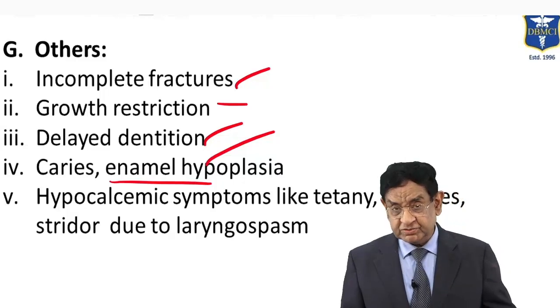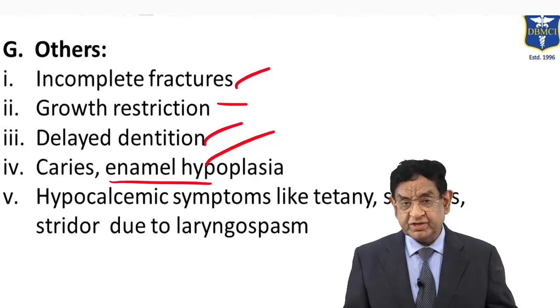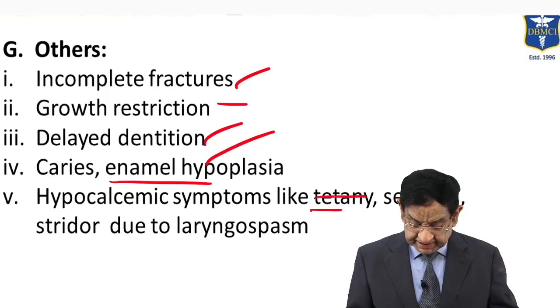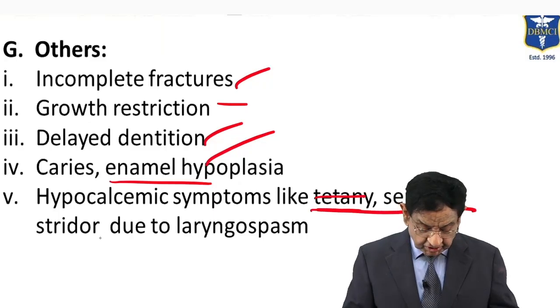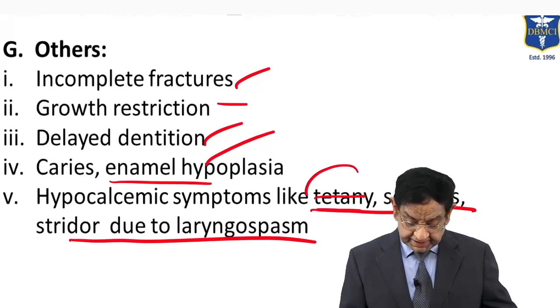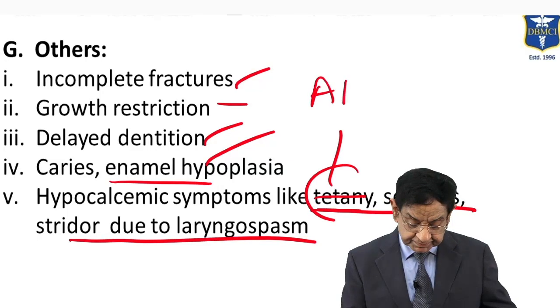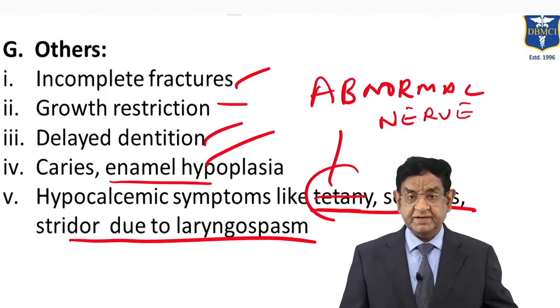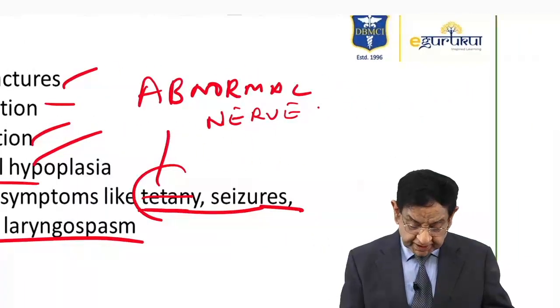In addition to that, there can be features of hypocalcemia, which can manifest as tetany, seizures, or stridor due to laryngospasm. Tetany is hyperexcitability of the nerves. The nerve is hyperexcitable, with the result that the corresponding muscles will contract.